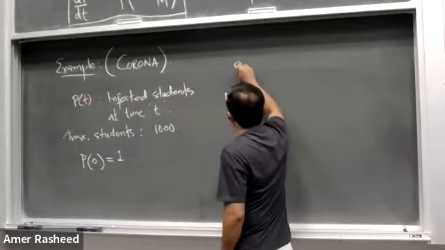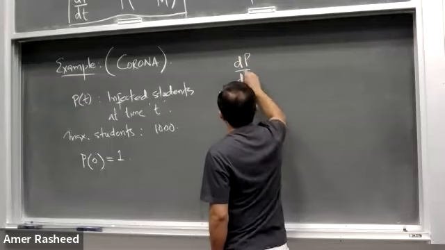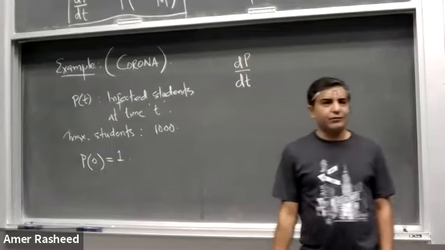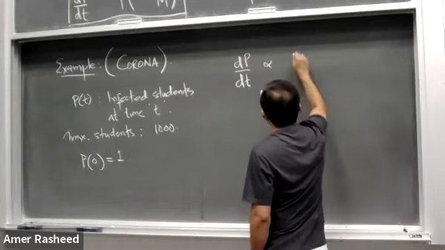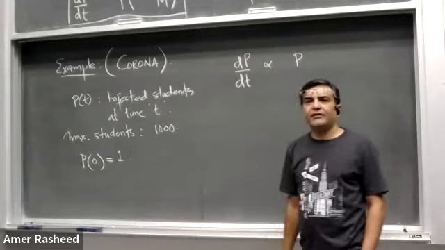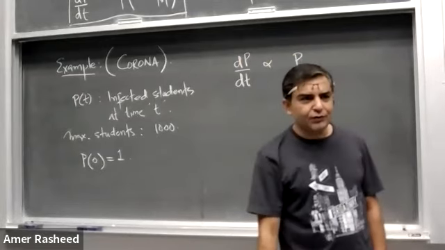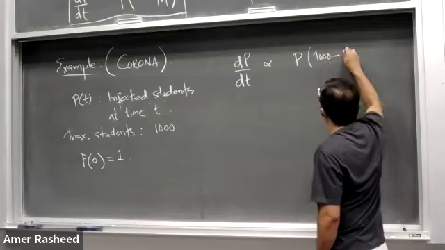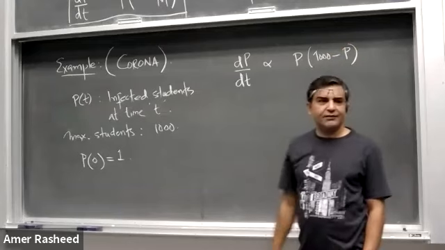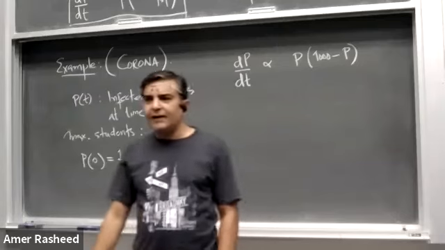Now, the rate of change of this population of infected students is proportional to what? It is proportional to P, which is the number of infected students, times the number of non-infected students. Okay.